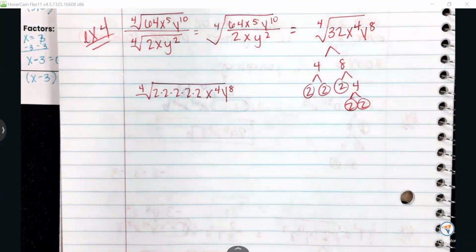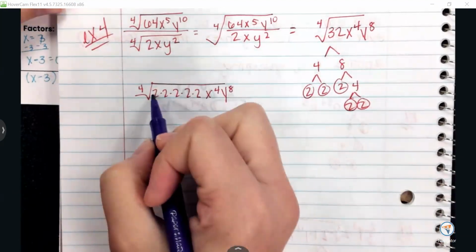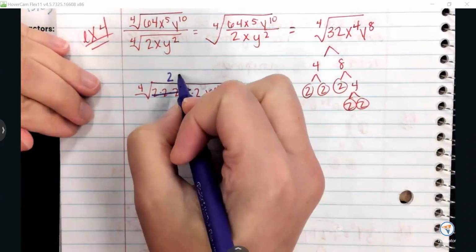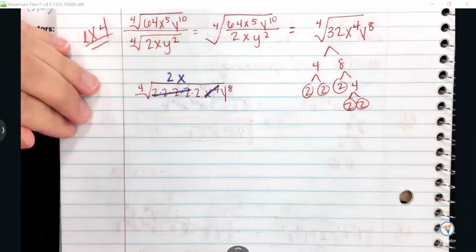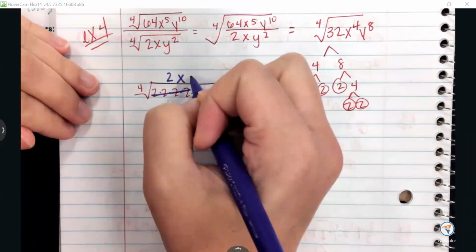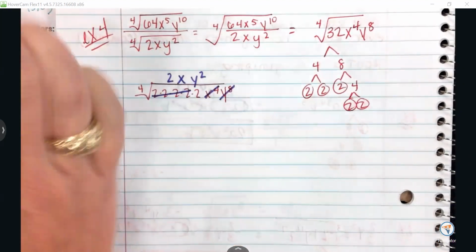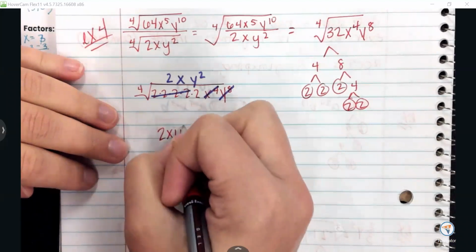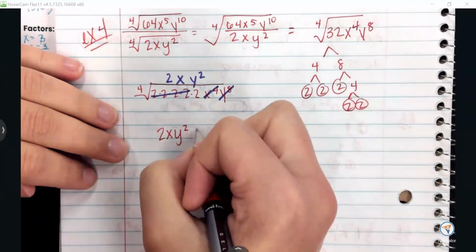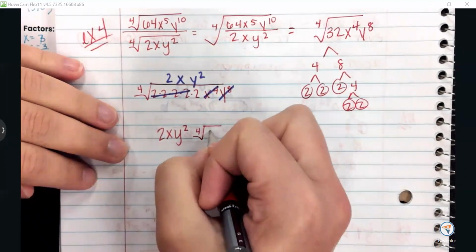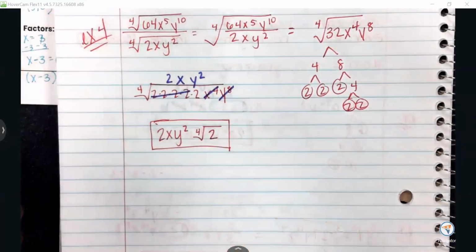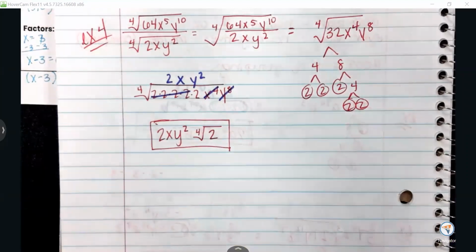Groups of 4. So I have 4 2's. I can take out 1 x and I'll have nothing left over. And then I can take out 2 y's. So I have 2xy squared, the 4th root of 2. Make sure that 4 is a root and it doesn't look like an exponent.